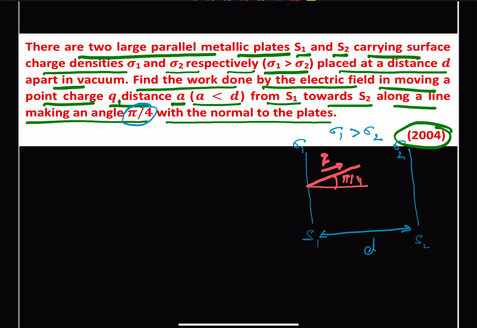So we start from the basic formula. First of all we have to find the net electric field inside the plates, because the charge is being moved only inside the plates.